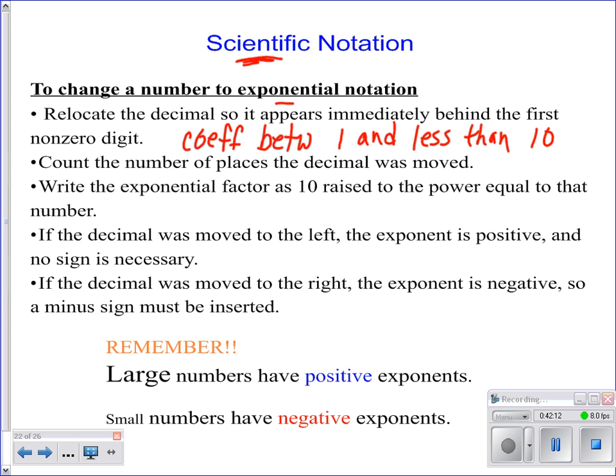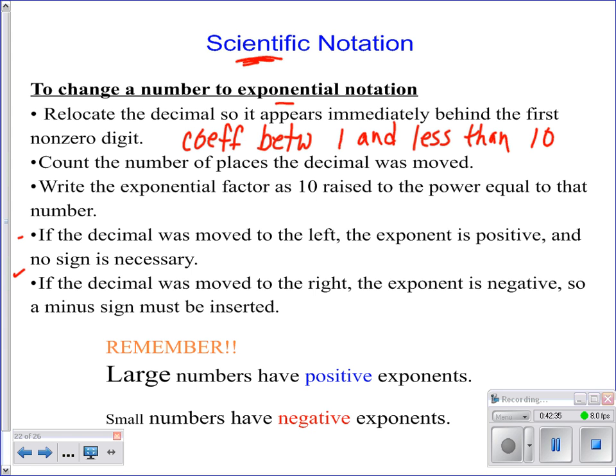So you're trying to change where that decimal is in order to make it a number between 1 and less than 10. Then you're going to figure out how many places you move that decimal, and you're going to write it times 10 raised to a power equal to the number that you moved it. And what you have to remember is which direction it moved.